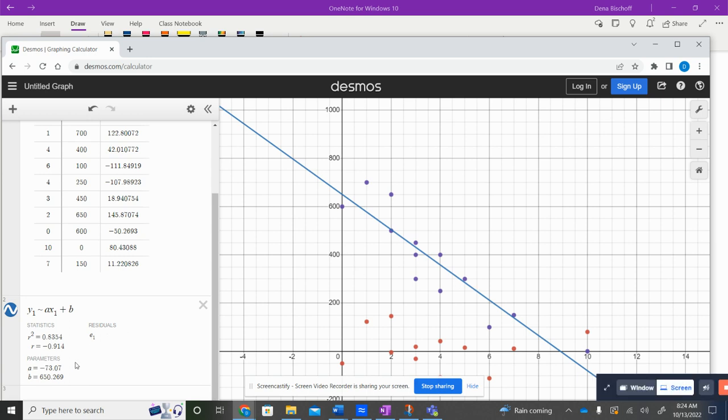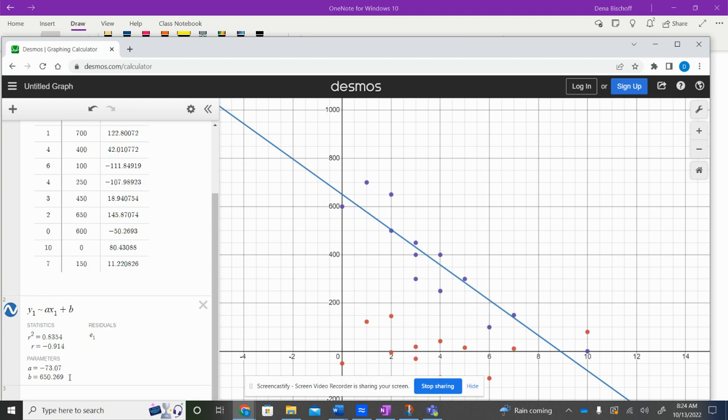Do you guys see the parameters right here, the A value and the B value? In our equation, y is ax plus b. So the A is really your slope. So let's write that equation.